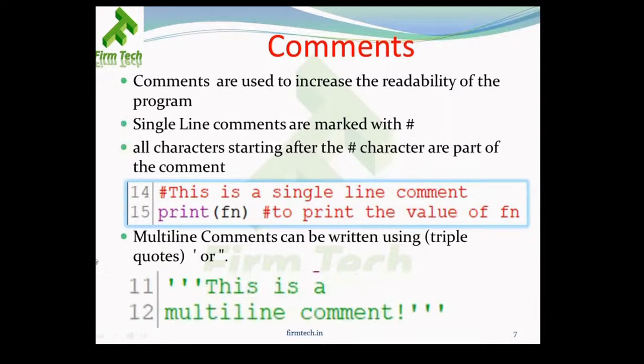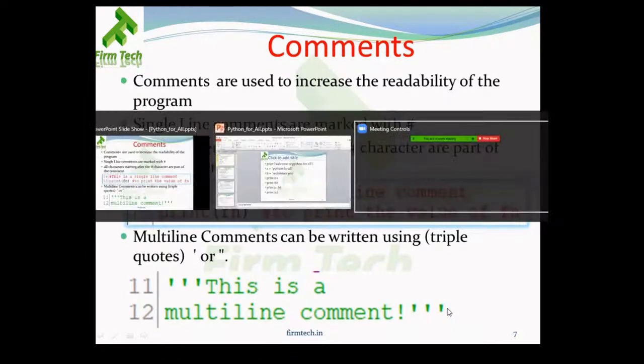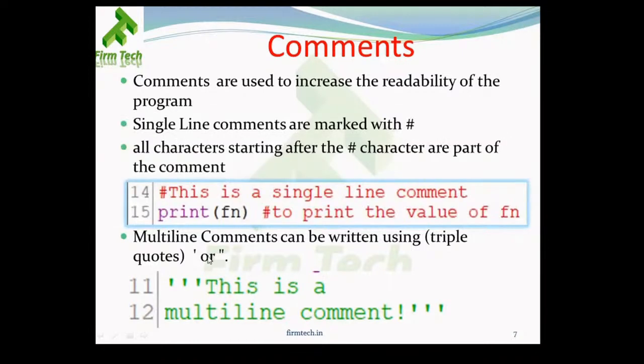So this is an example. Here I have started with triple single quotes. This is a multi-line comment and it ended with triple single quotes. We will code this in the program and let us see the outputs.